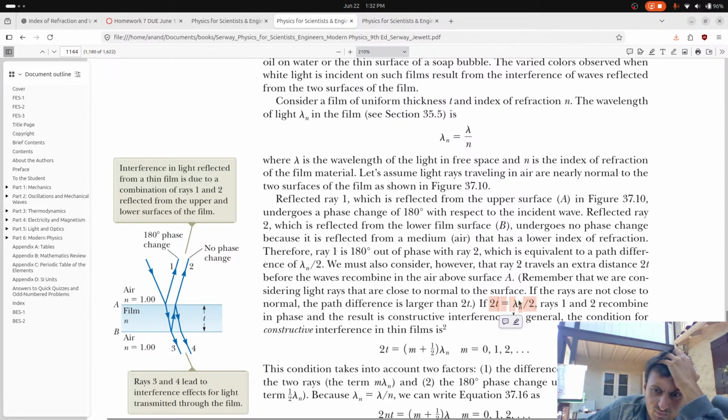Because there's a flip, which is a pi. Okay, yeah. So when 2t is equal to lambda n over 2, constructive.